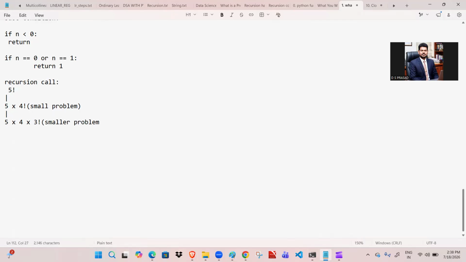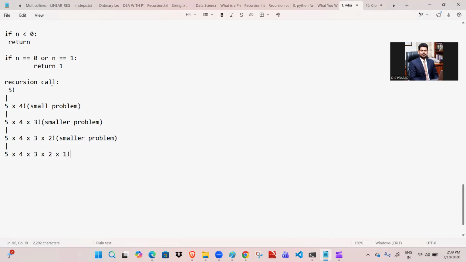The duty of recursion is to solve the smaller problems. Again, 5 multiplied by 4 multiplied by 3 multiplied by 2 factorial, which is nothing but another smaller problem. And again, 5 multiplied by 4 multiplied by 3 multiplied by 2 multiplied by whenever it reaches 1.